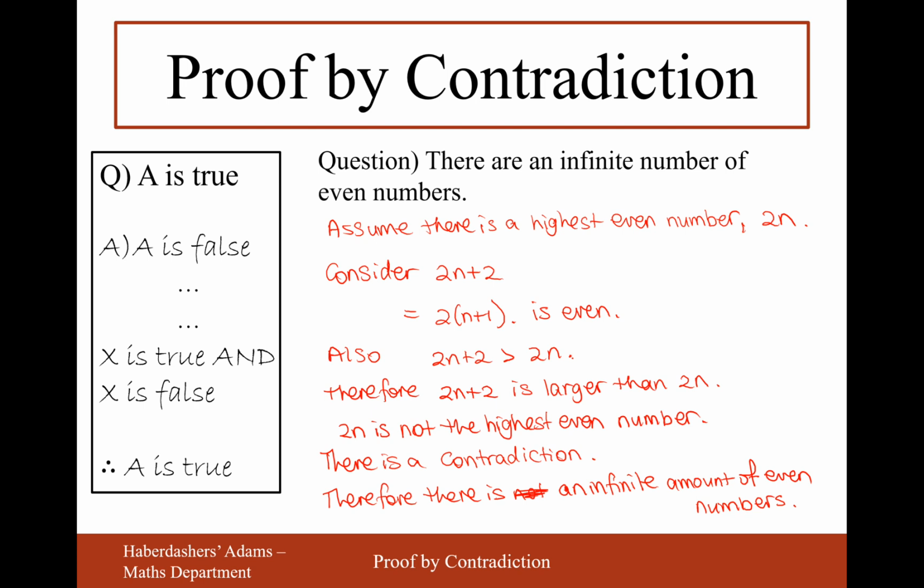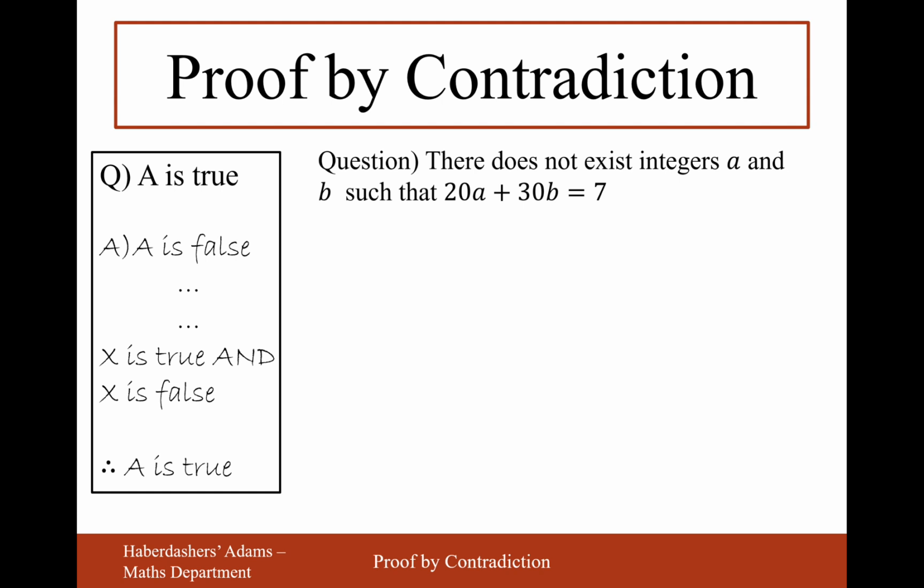So there we are, that's the answer to this question. Let's move on to the next one. Okay, so this is the next one. Prove that there does not exist integers a and b such that 20a plus 30b equals 7. And we've done a few of these before, so hopefully you're now starting to spot patterns between the questions that they can ask in proof by contradiction questions.